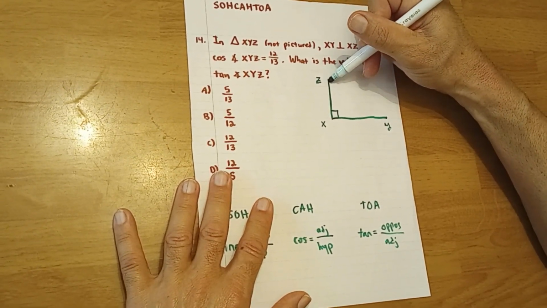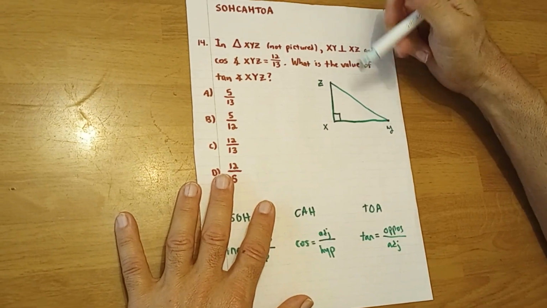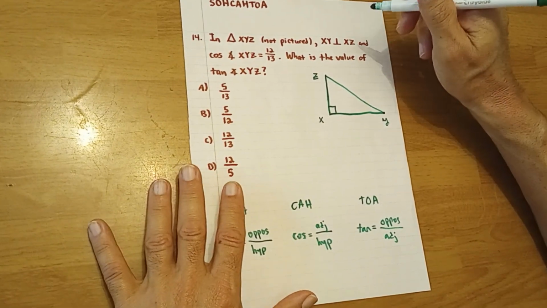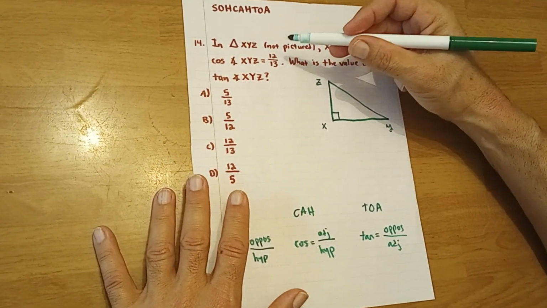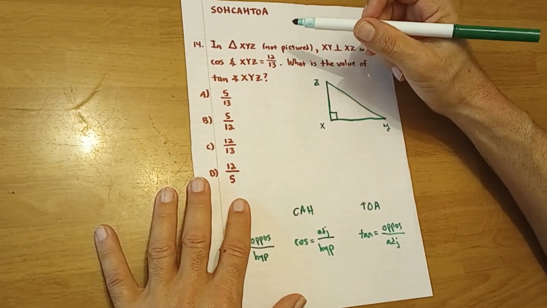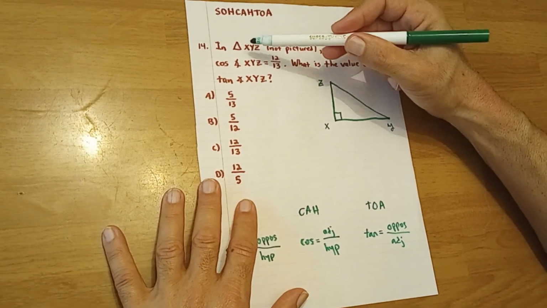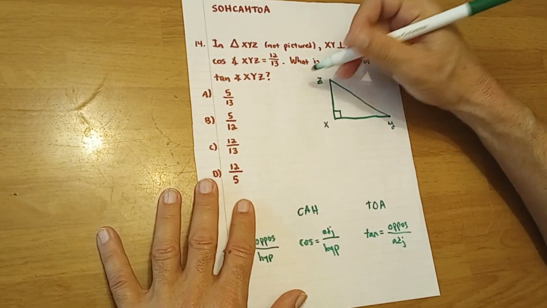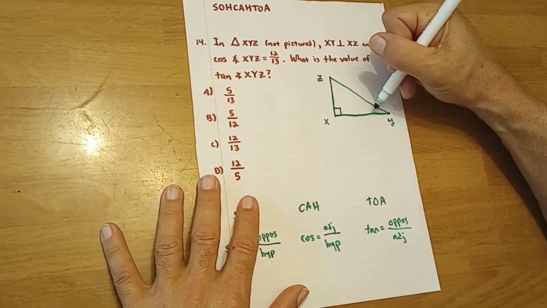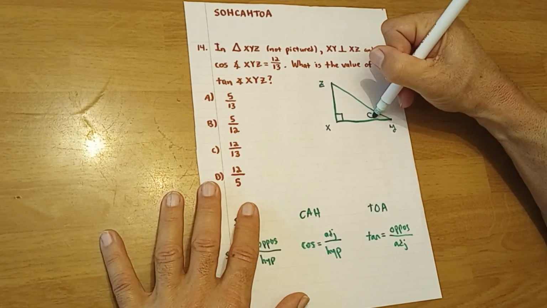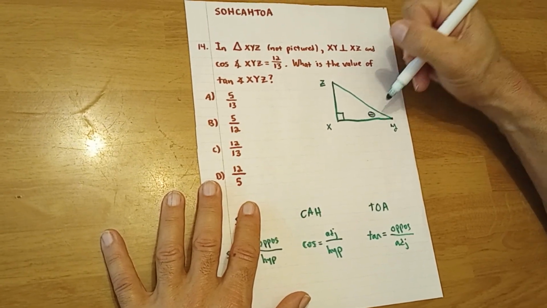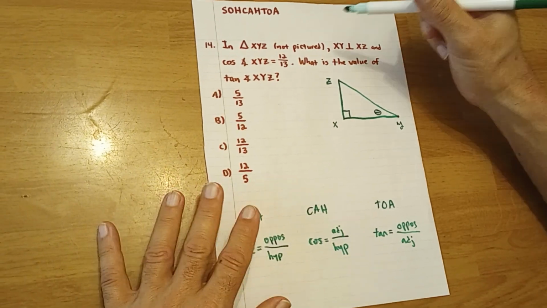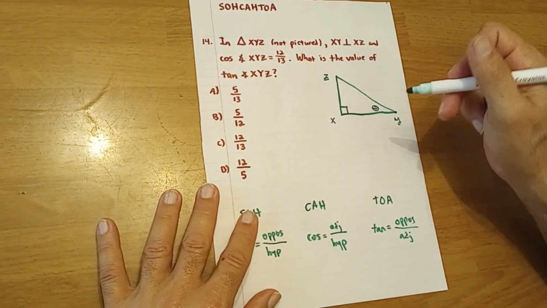Okay. So we draw that, and again, it may not be drawn perfectly to scale, but that doesn't matter. So we have that cosine of this angle, XYZ, is 12/13. So let's just put here the Greek letter theta, which is used oftentimes to show the angle in question. And this is going to be equal to 12/13.